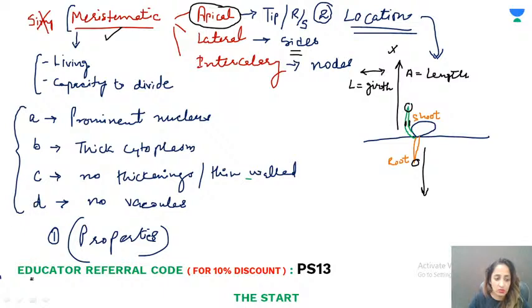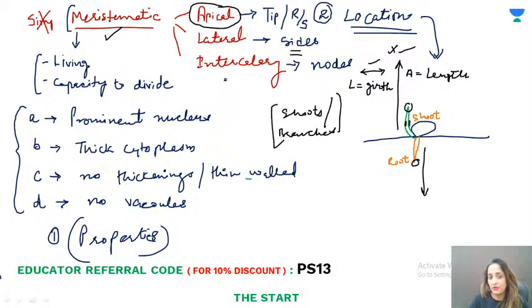So now the third point. It is not just that the plants will keep on growing in length and in diameter. It will also make some shoots or branches, right? So for that you have the intercalary meristem, which is present at the nodes.